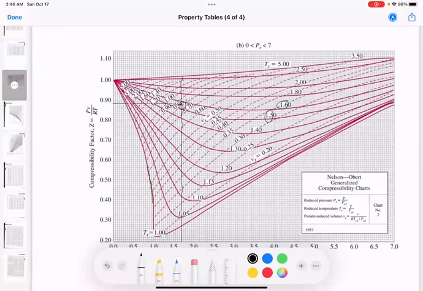we get a Z1 of about 0.88. But what's useful for us is that we can read off of this intersection point the reduced specific volume. The reduced specific volume lines are these dashed pink lines. You see here, VR equals 0.2, 0.25, 0.3, incrementing by 0.05.